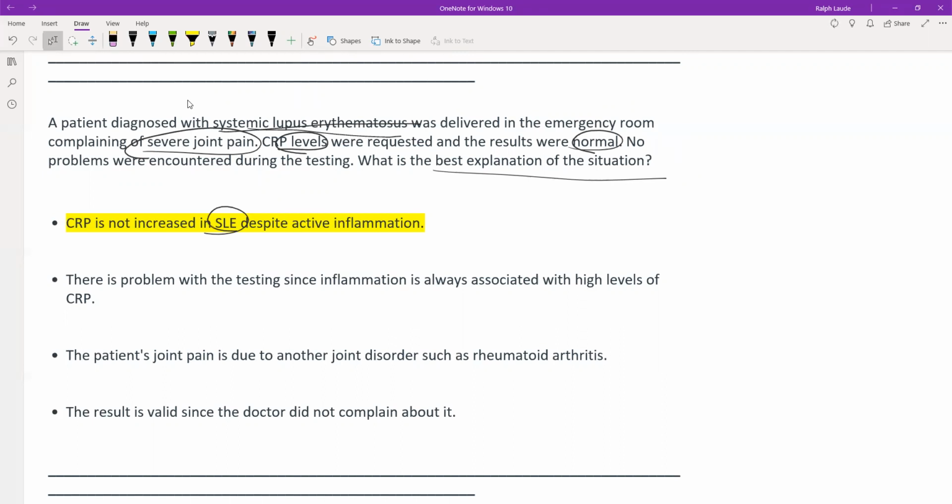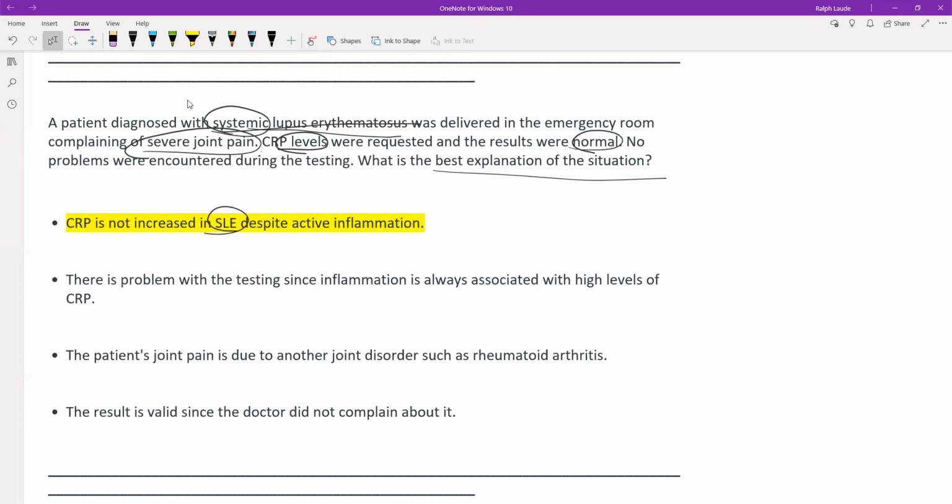Knowing that SLE, from the word systemic, can attack any organ, it is a multi-organ problem. If multi-organ, inflammation should be high, but levels were not really increased. So it is still normal.